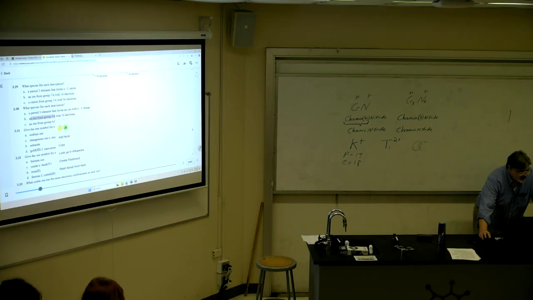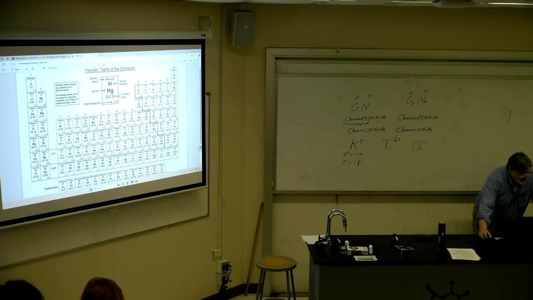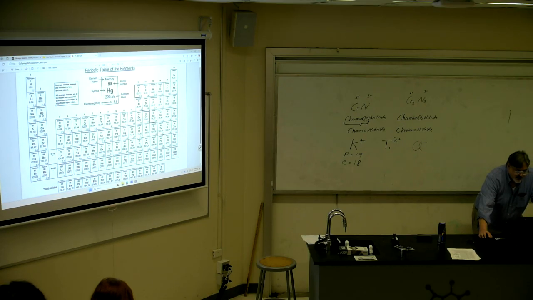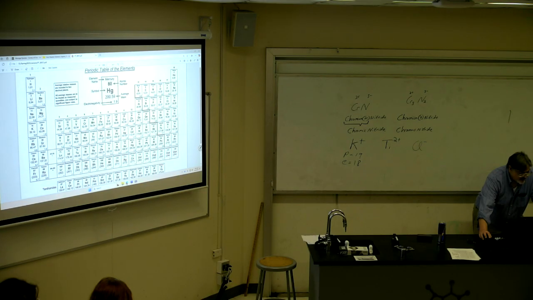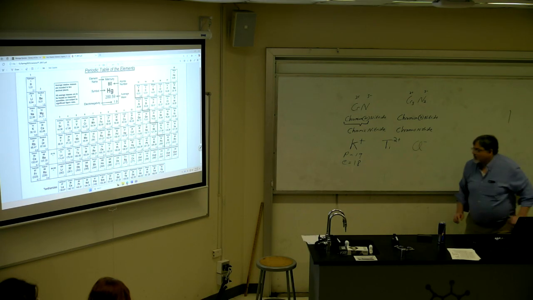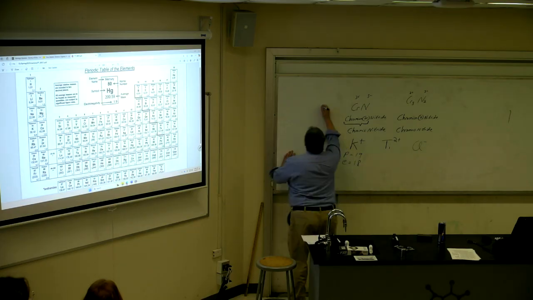Ion from group 2A with 36 electrons. This is 2A. Strontium has 38 protons and 38 electrons. It'll lose 2 of those electrons when it becomes charged. So it'll have 36 electrons.